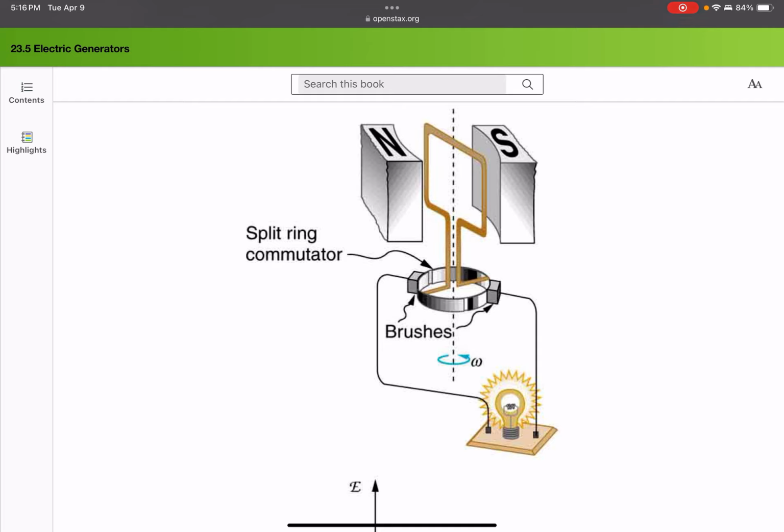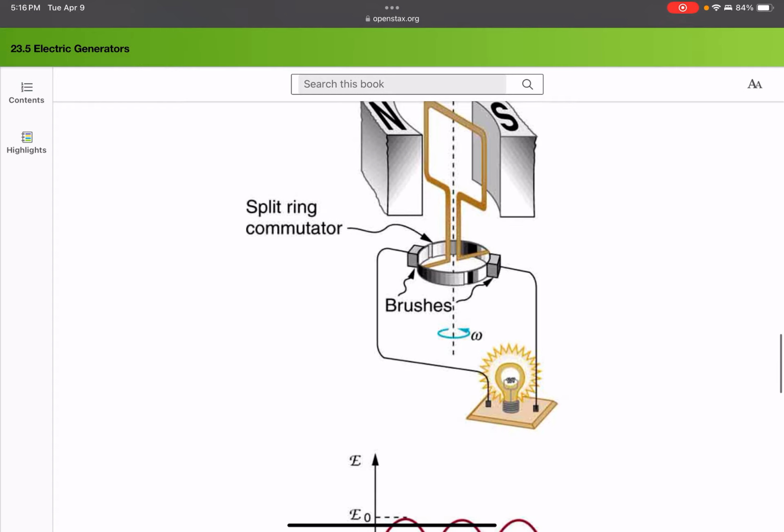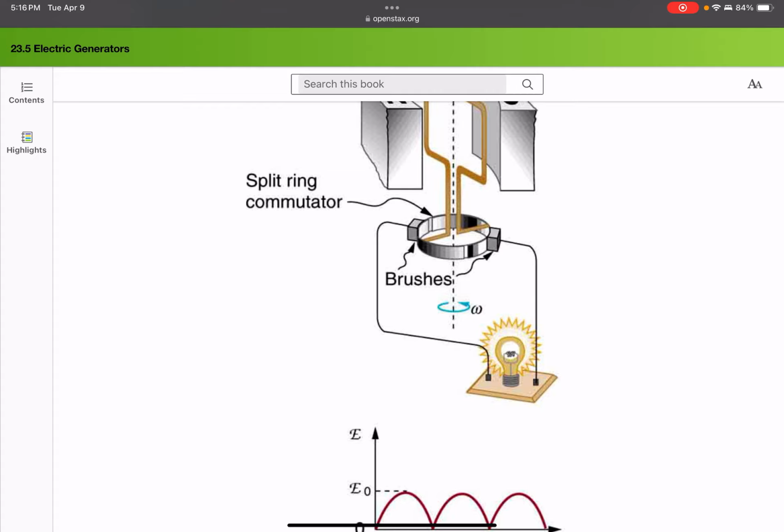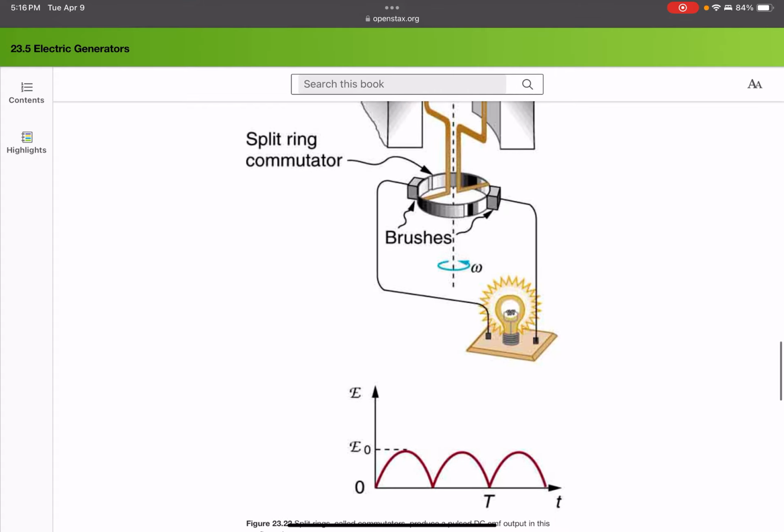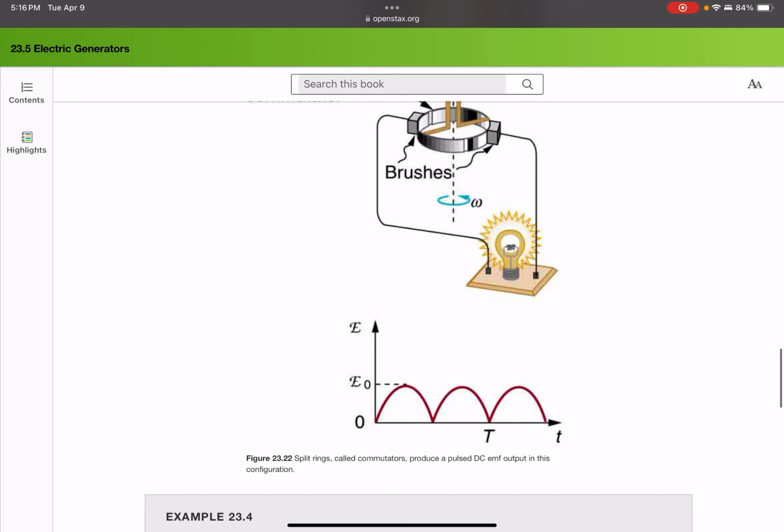So since that's the case, and then something kinetic, some water wheel or whatever is spinning this omega around so that the axis turns, that axis turning generates the current that will light up our light bulb, or we can store the current or whatever we're doing. So those are the brushes, and that is what we call a split ring commutator. Okay, split ring commutator on the test for sure.